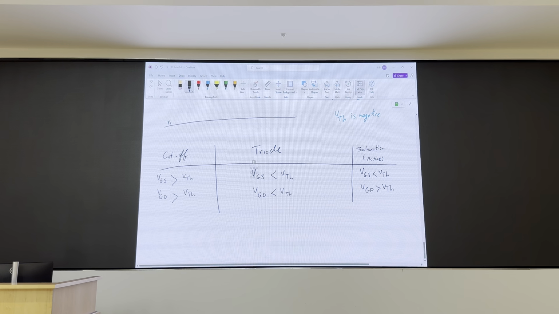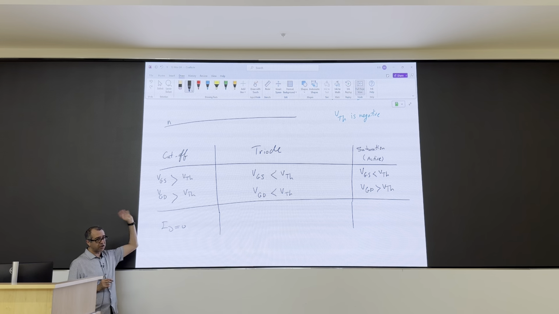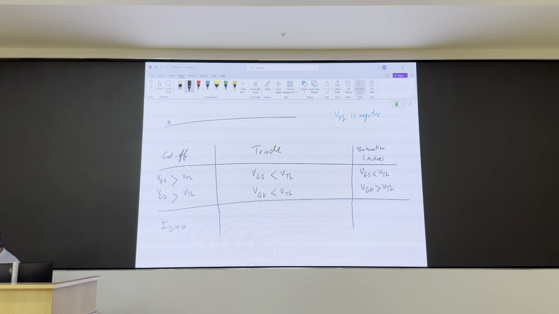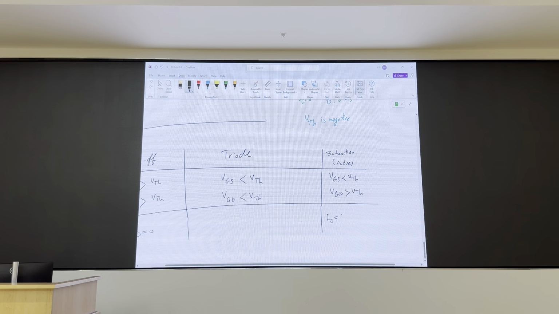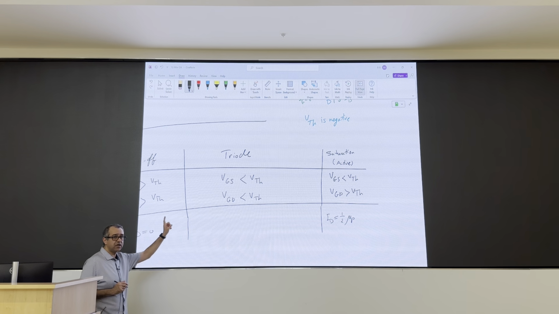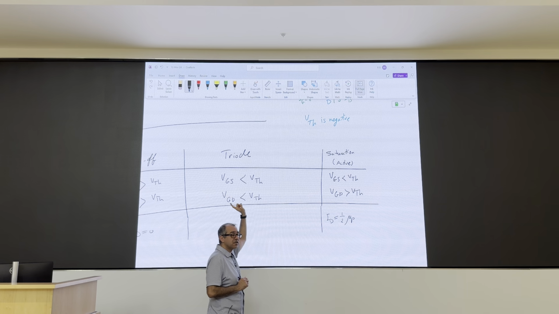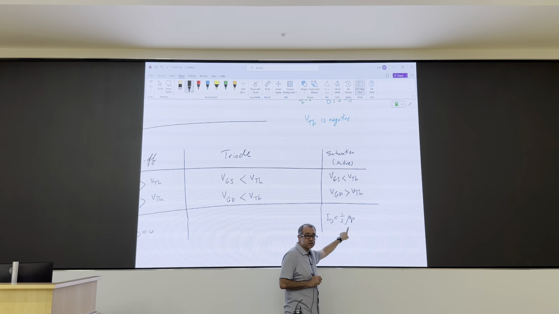Equations are the same again. So here ID is 0 and IG is always 0. And because ID is 0, IS is also 0. For saturation, your ID is, here's a slight difference, 1/2 mu P instead of mu N. Mu N is the mobility of electrons, mu P is the mobility of holes.